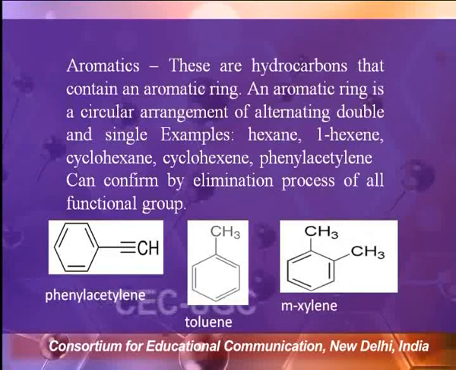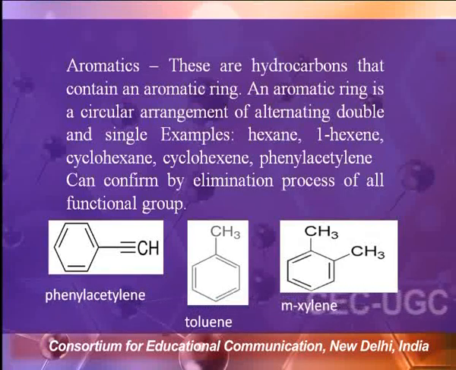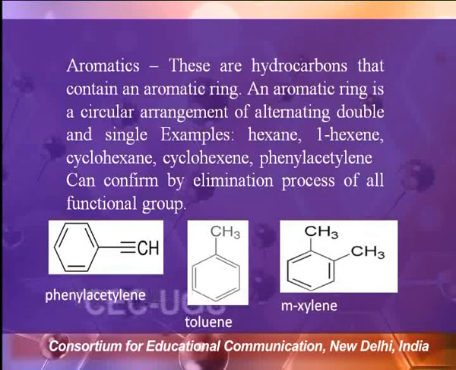But if I talk about phenylacetylene, this benzene ring will of course not react with bromine solution or KMnO4 solution, but the triple bond, which is in the open straight chain, will definitely give the unsaturation test. It will react with the bromine solution, decolorize the bromine solution, and decolorize the KMnO4 solution, right. I hope the concept of saturation and unsaturation is clear.